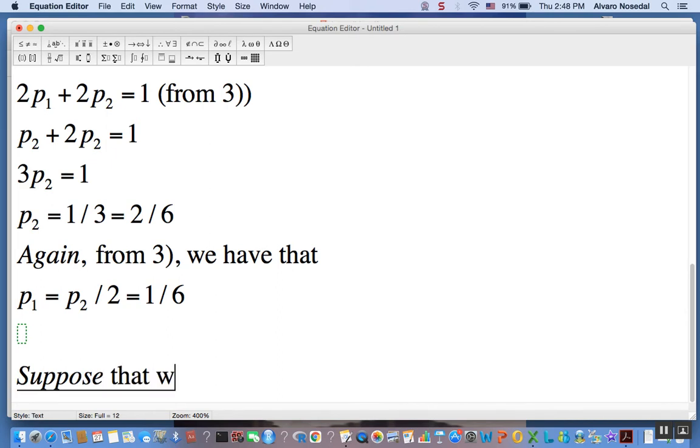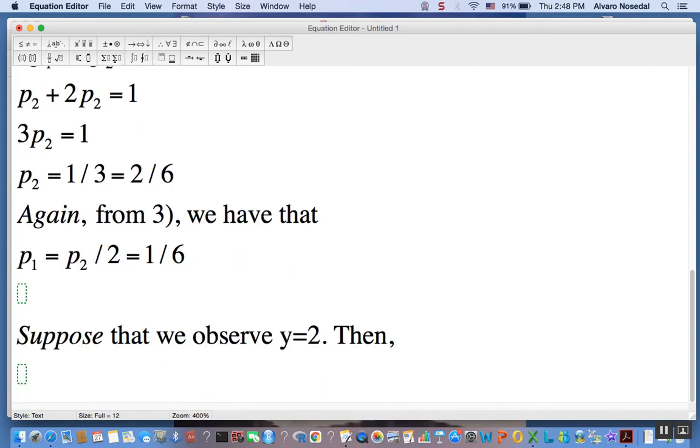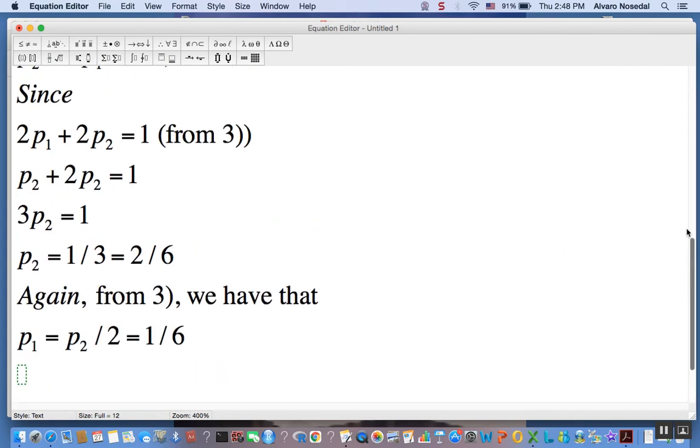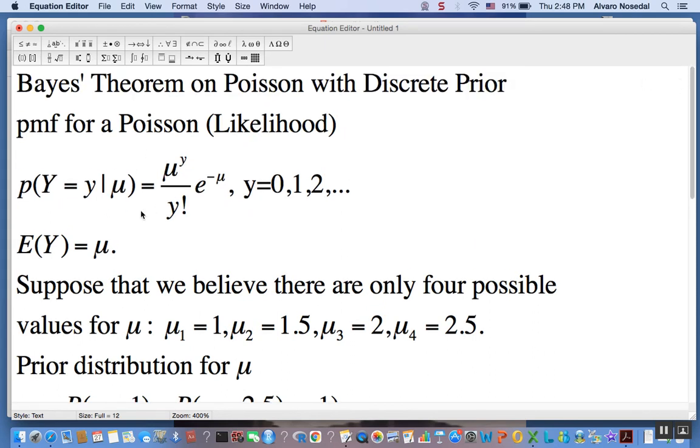that we observe one value, and that value happens to be 2. Okay? So then what we can do, right, to find our likelihood is just this, right? The probability of random variable y being equal to 2, that particular value, given a value of mu, is going to be found using that formula that we have up here, right?